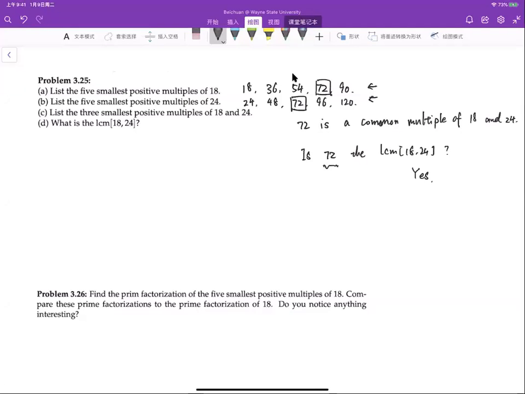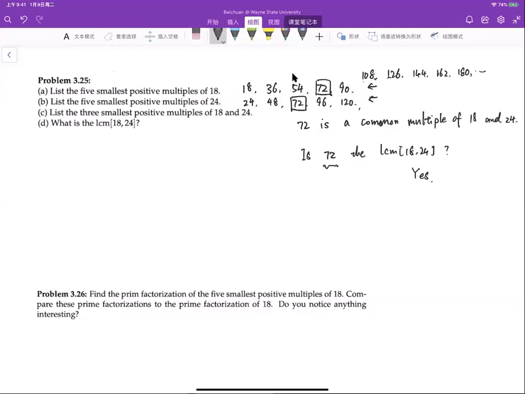So we have found the smallest, and we are looking for the second one and the third one. You're saying that we can list more. For example, for the multiples of 18, the next ones will be 108, then 126, then 144, then 162, and 180, and so on.